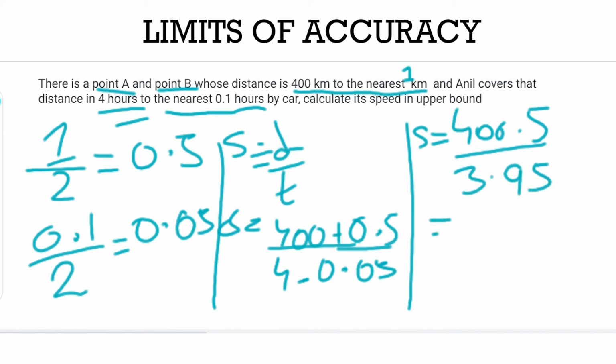When you solve this further, the answer will come out to be 101.39 kilometers per hour. So yeah, that's our speed in the upper bound.